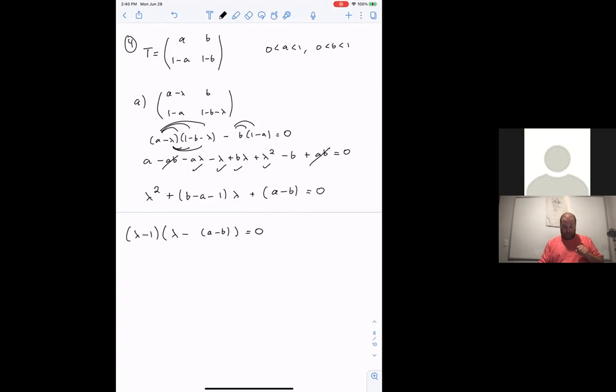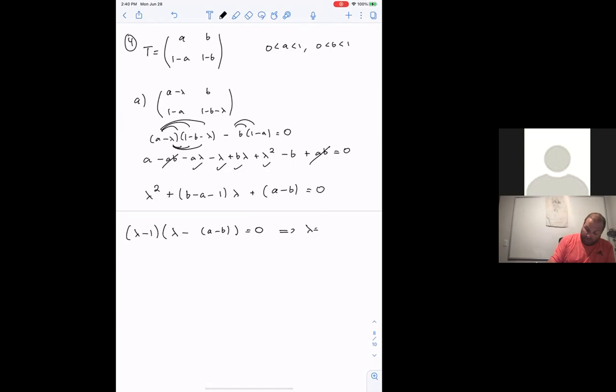Lambda squared, yes. Minus 1 lambda, minus A lambda plus B lambda, yes. And then plus A minus B. Beautiful. So what do we get? We get lambda equals 1, and lambda is equal to A minus B.